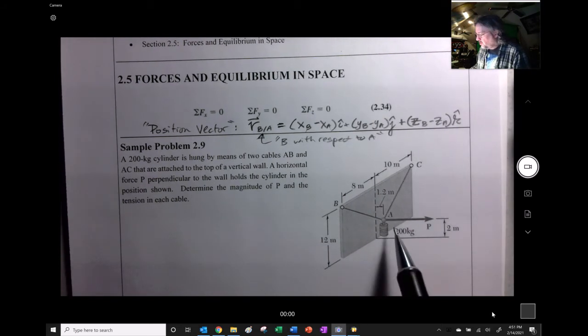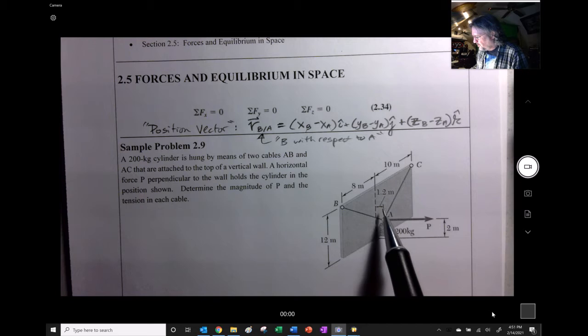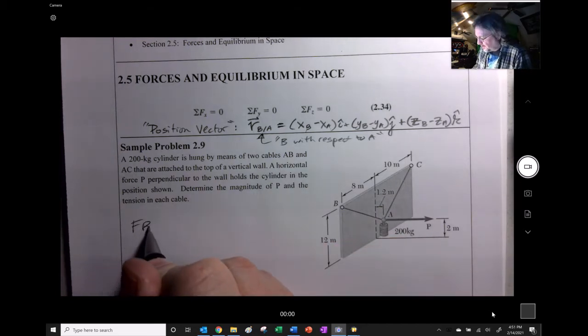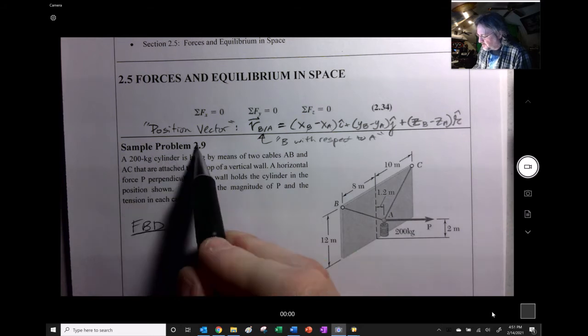Okay, so for this first one, when we're doing equilibrium, we always want to use free body diagrams. So let me read out the problem first, sample 2.9.